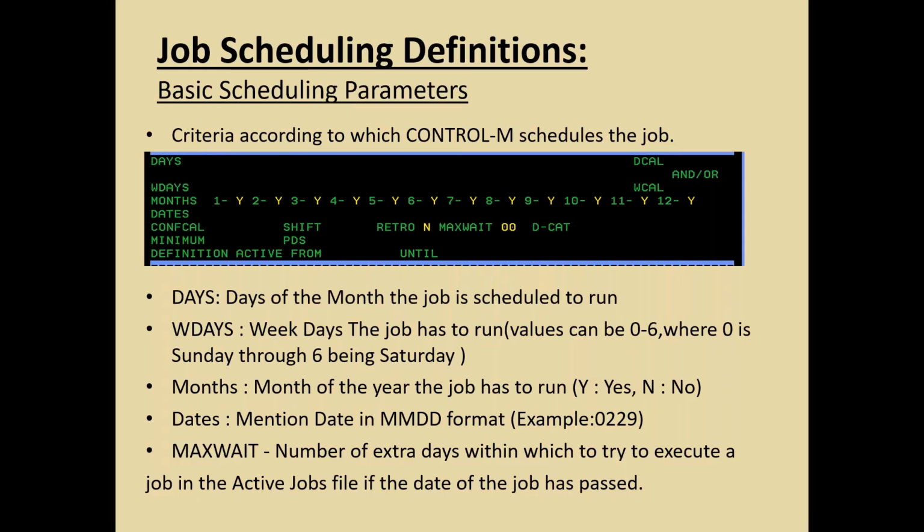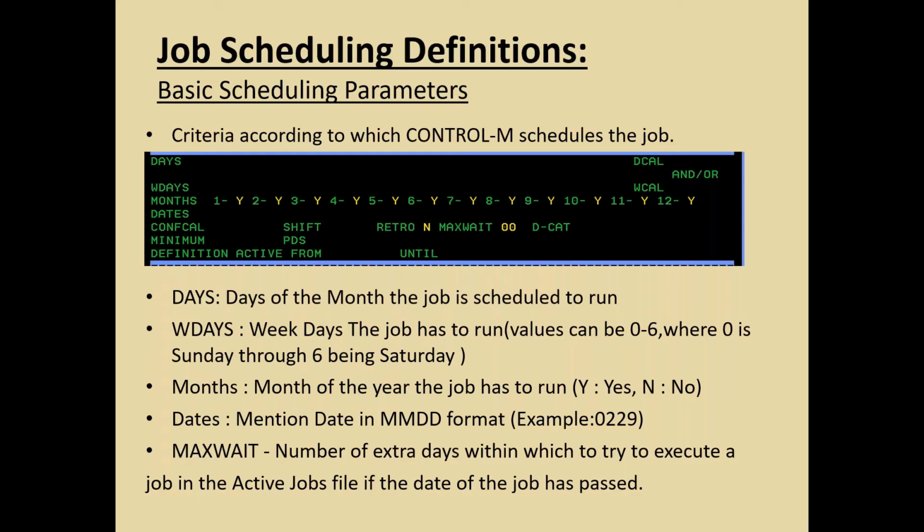Then here is max wait. This max wait condition, we always face issues with max wait in production support, so this is an important thing. Let me explain this here in detail. It is the number of extra days within which to try to execute a job in the active job file if the date of a job has passed.